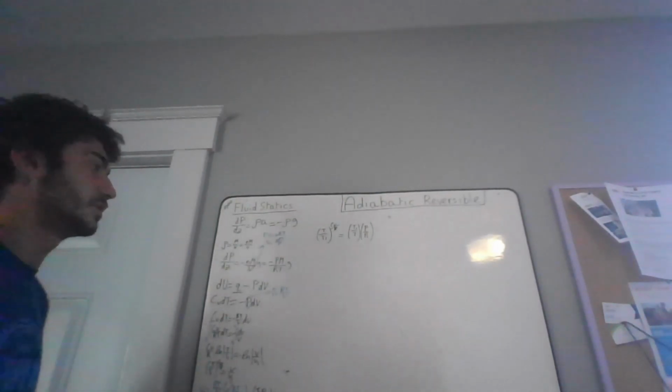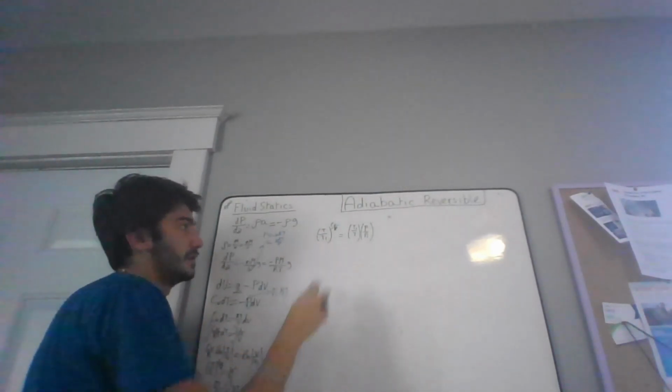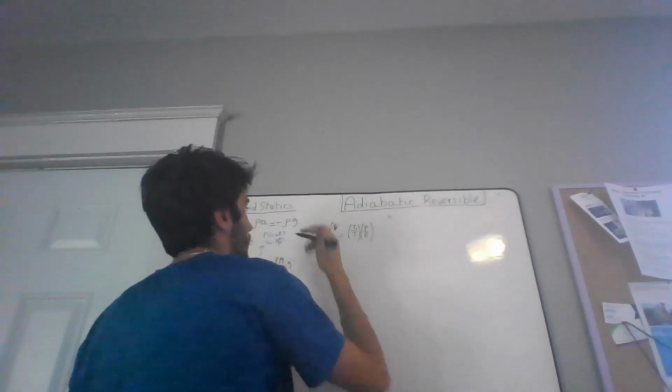And from here, what I'm going to do is multiply by T over T1 on both sides.